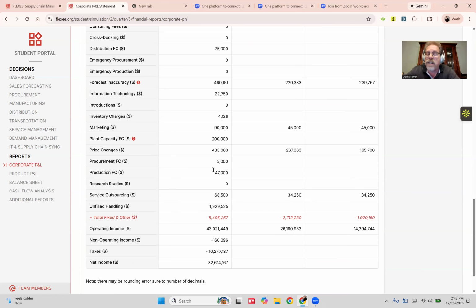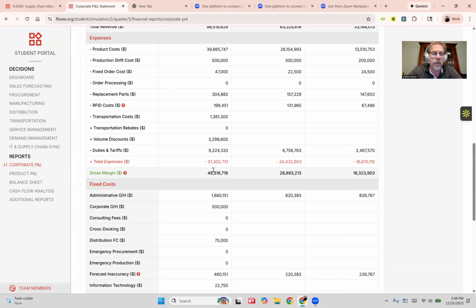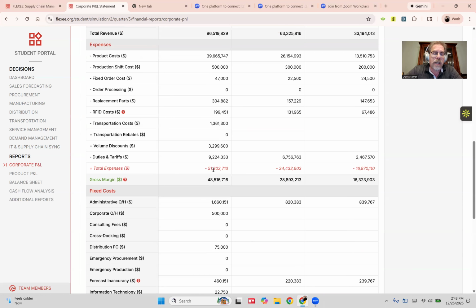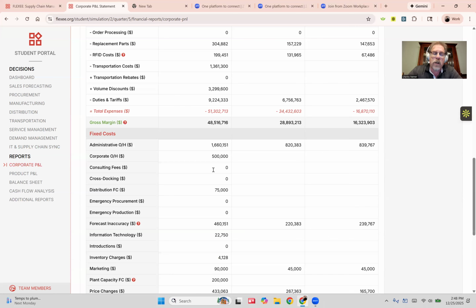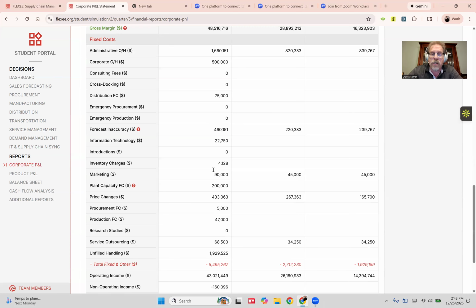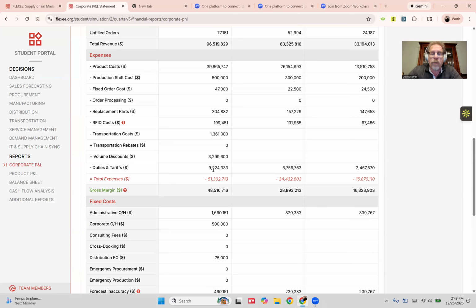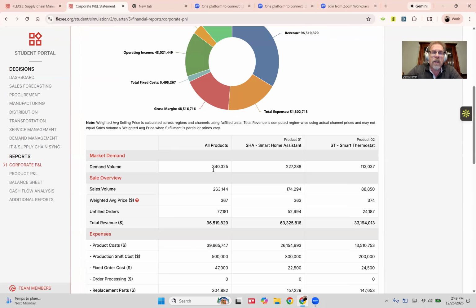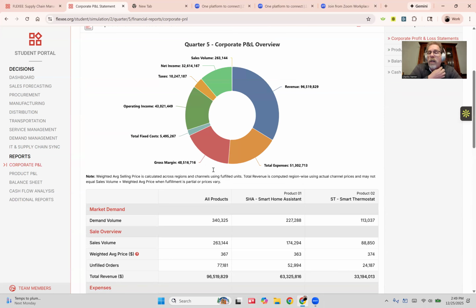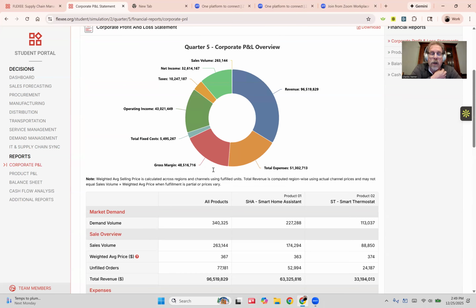You'll notice this is not in the same format as generally accepted accounting principles. So in a sense, this gross margin is really like a contribution margin, which allows you to work with the fixed costs and do break-even analysis. So it's more of a managerial accounting look than a financial accounting look.